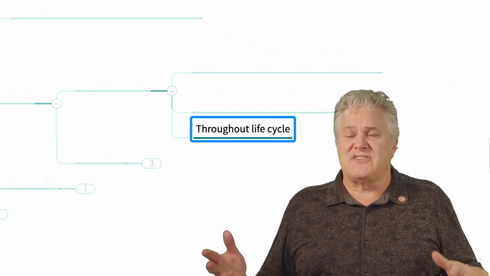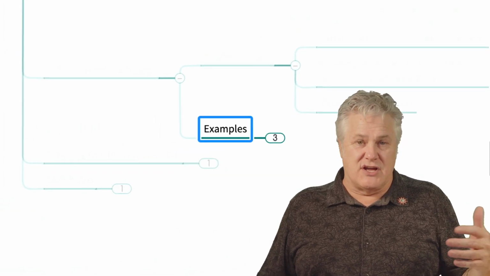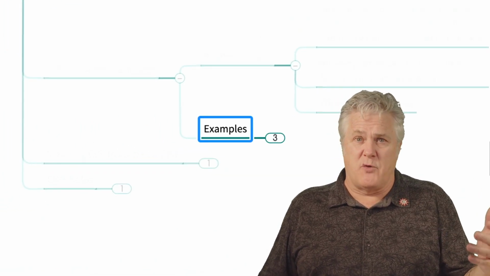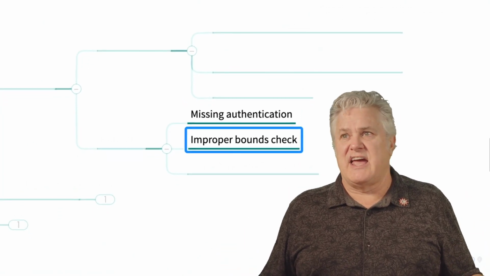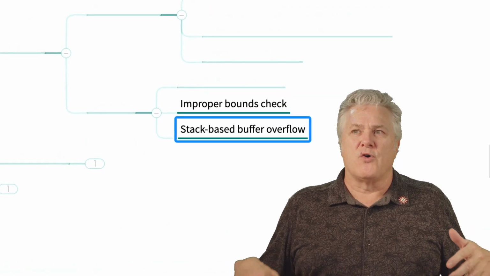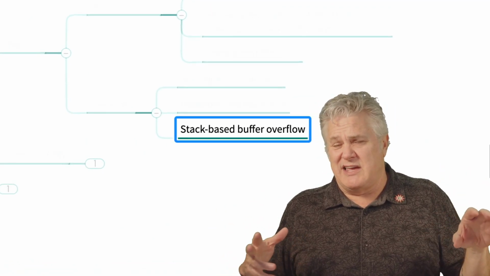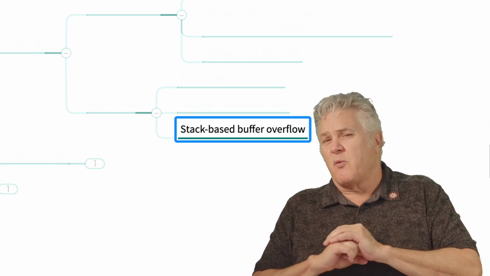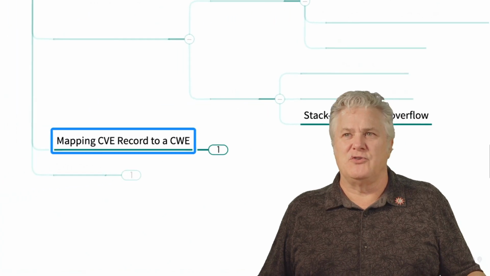And this happens throughout the entire life cycle. Examples of general weaknesses, not in a particular piece of software, would be things like missing authentication, improper bounds check, or stack-based buffer overflow. And if you've seen the presentation on CWE before, or CAPEC, I go into great detail about all the different types that are available to you.